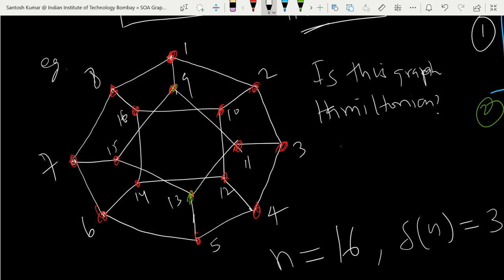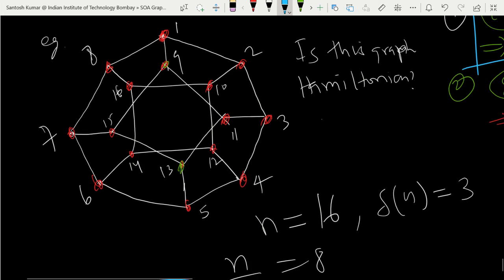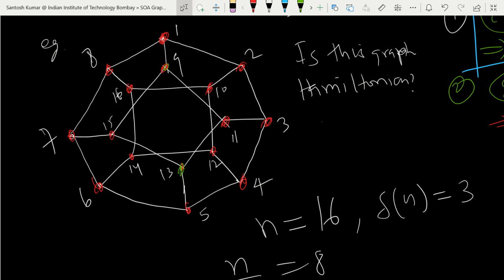Okay, that's all. Now I want to make the Hamiltonian cycle, a spanning cycle, right?